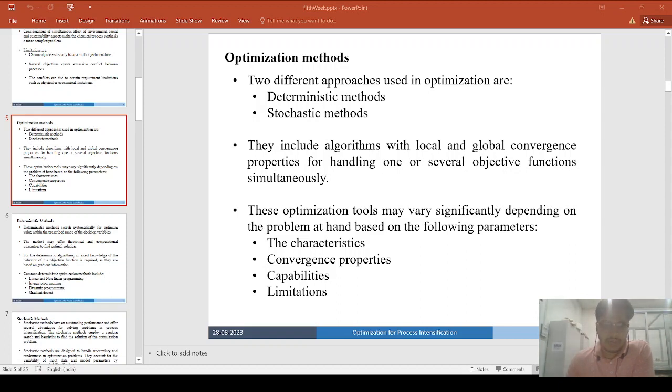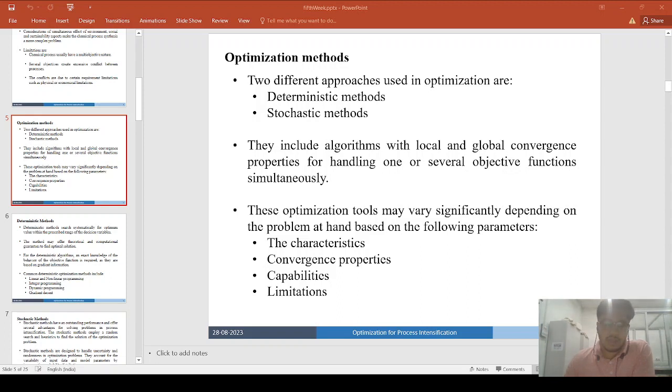You would solve using the conservation equations: mass conservation, momentum conservation, species balance, and energy conservation equations. Those come under the deterministic method, where you model your system from basic fundamental sciences to perform the optimization.